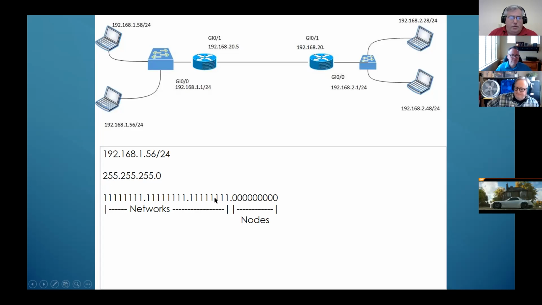So we got 3 bytes of ones and then 1 byte of zeros. And that would be all the networks, and that would be the nodes. So in these networks that we have here, the /24s, how many devices do we have on each of those networks?